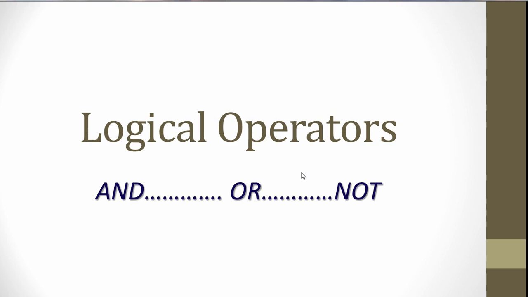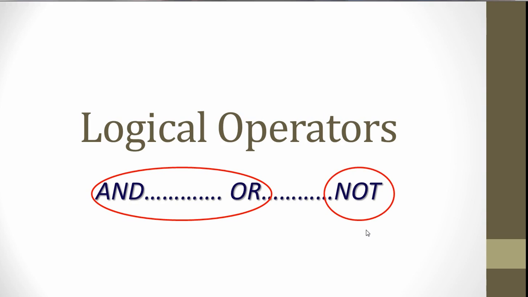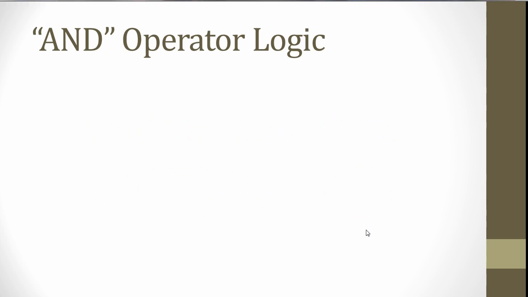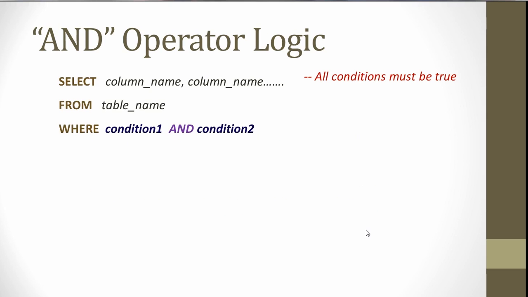The logical operators that we have in SQL are AND, OR and NOT. In our earlier lesson, we actually looked at how to use AND or OR, and now we are also going to look at additionally the NOT operator. Now just to help us understand how the AND operator logic works, I'm going to go through a few examples here.